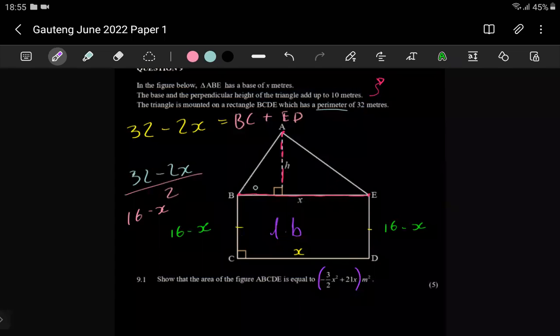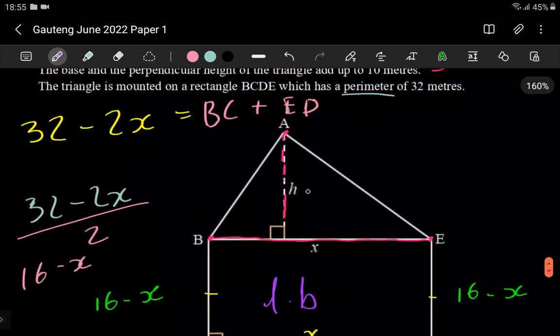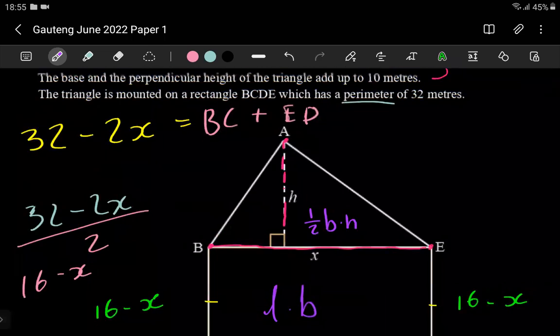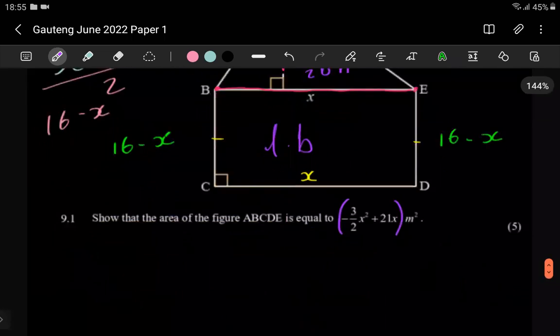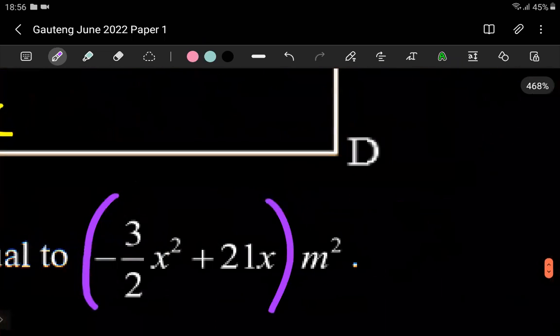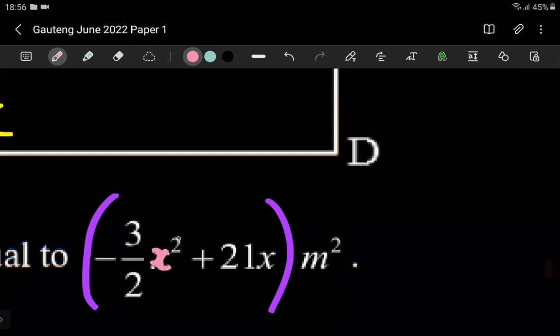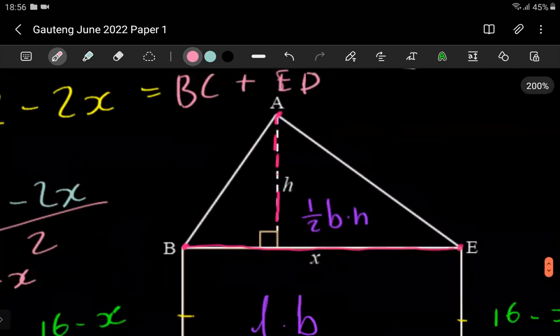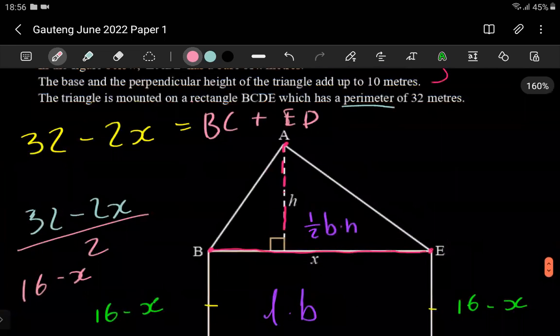Now for the top shape here, the area of our triangle, we already know it's half base times height. Now the issue is our expression here only has x as the only variable. So whatever we write down, we need to make sure that the only variables there have x in it.